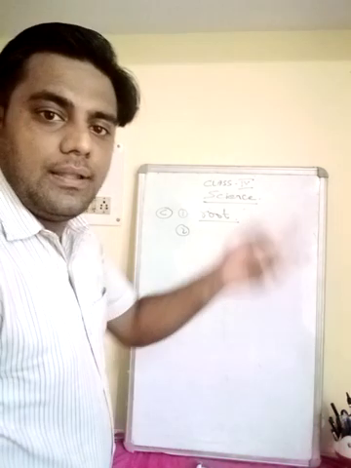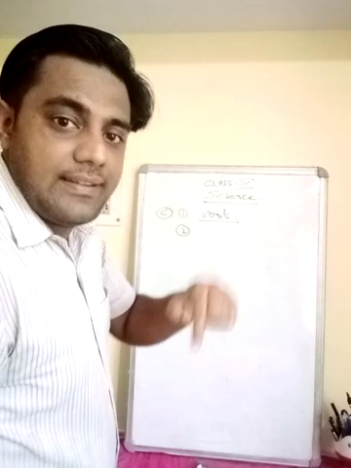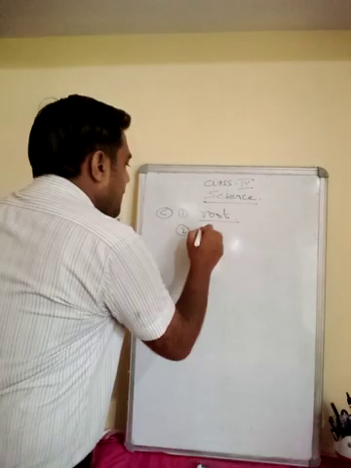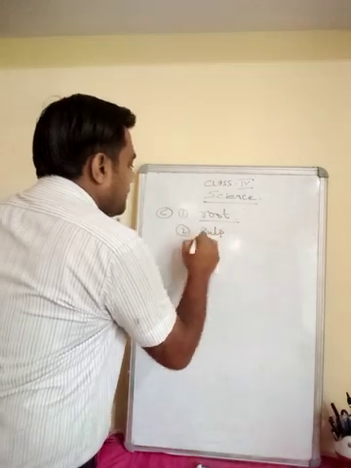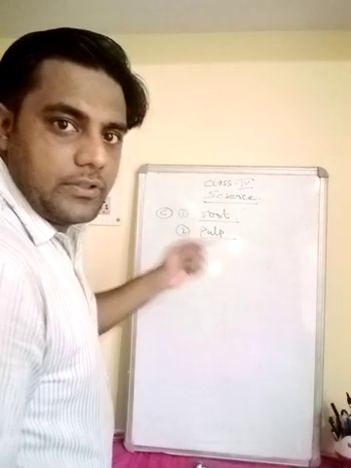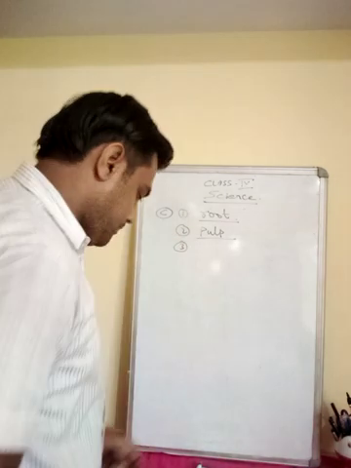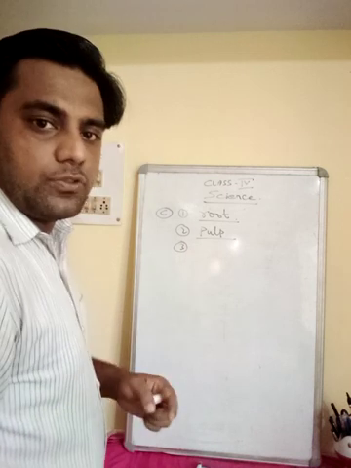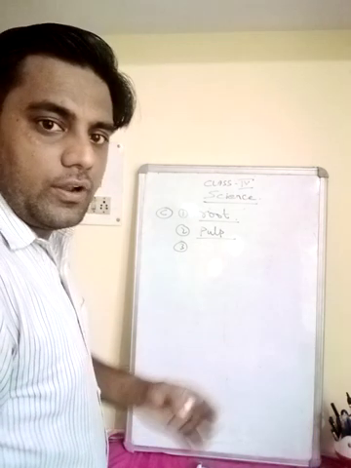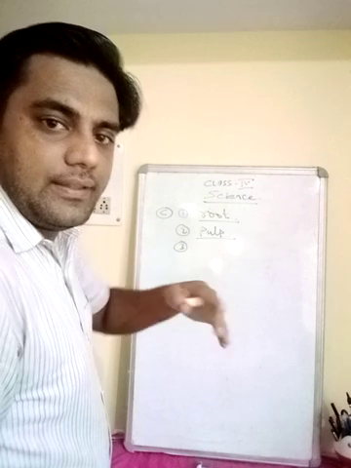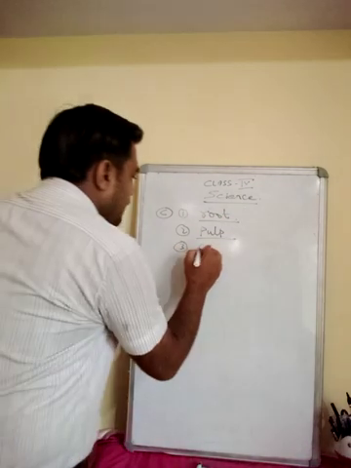You have enamel, inside you have dentine, and inside that the innermost layer is pulp. Then you have number 3, the outermost layer of the tooth. Like I told you before, first you have enamel, then dentine, then pulp. So the outermost layer is enamel.